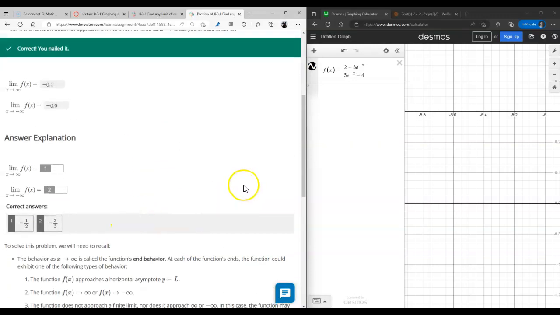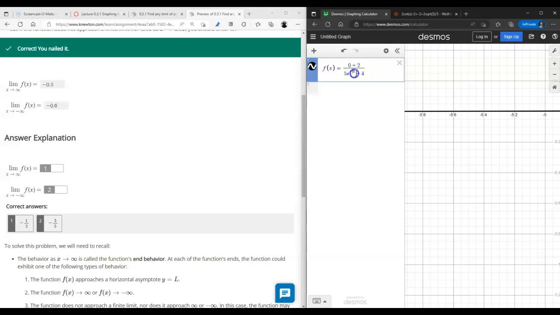Now, if you have to prove this analytically, it's a matter of looking at the right coefficients. As x approaches infinity, let me just rearrange this, this term goes to 0, and this term goes to 0. So the answer will be -1/2.